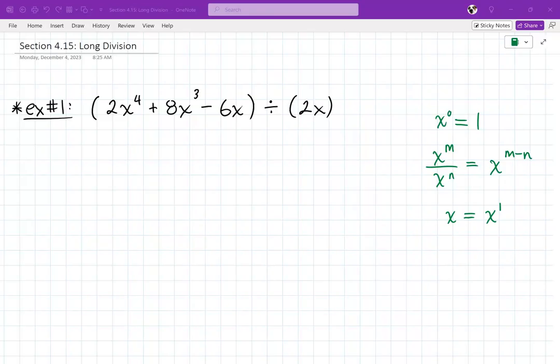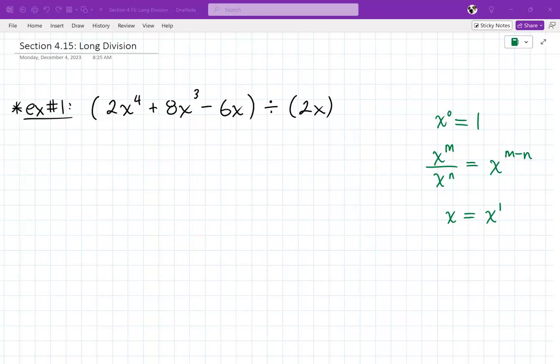But a couple things that you guys need to remember, they're on the right side. Okay, you guys should know by now that anything to the 0 power is going to give you a 1. So x to the 0 power, that's equal to 1. If you're dividing the same variable, so you see x to the m divided by x to the n, so the same variable base, but different powers, like x to the 5th over x to the 3rd, all you have to do is subtract the powers.